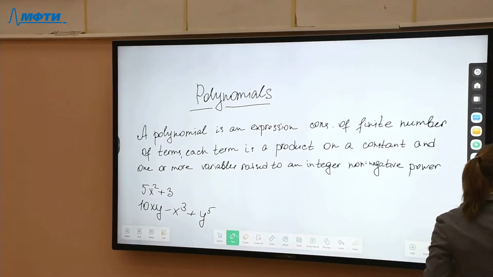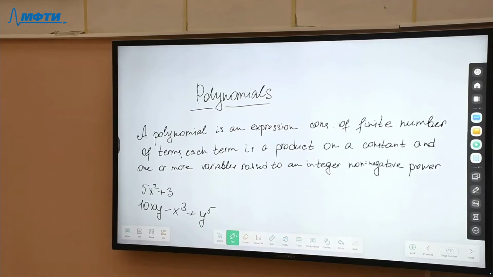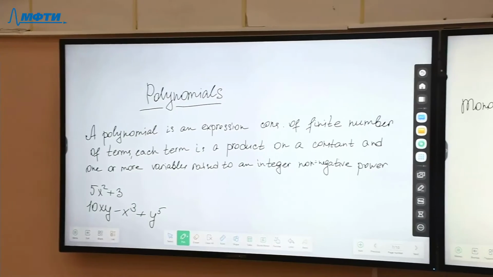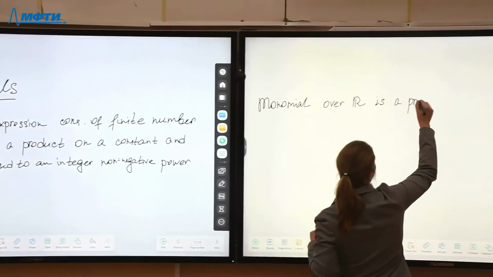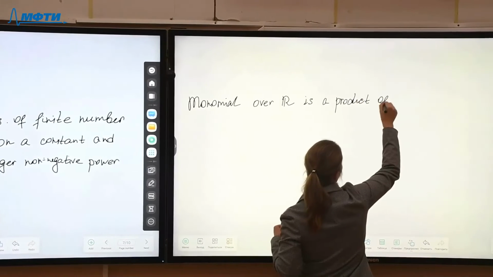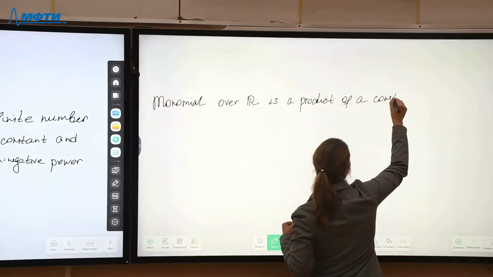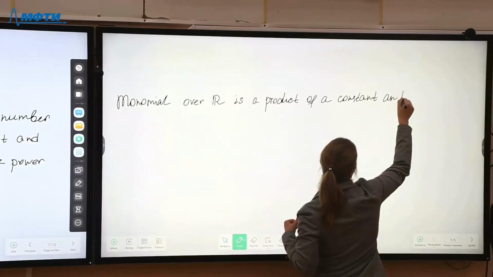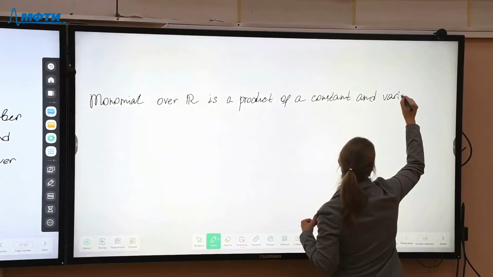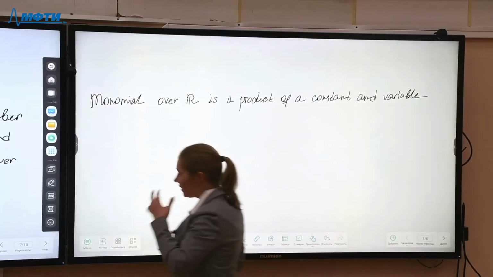So, monomials. A monomial over R is just a product of a constant and a variable raised to a non-negative power.